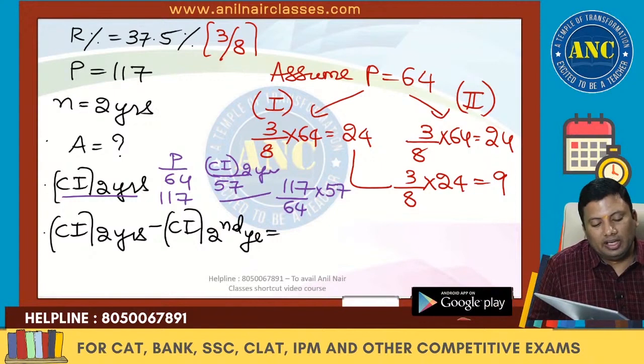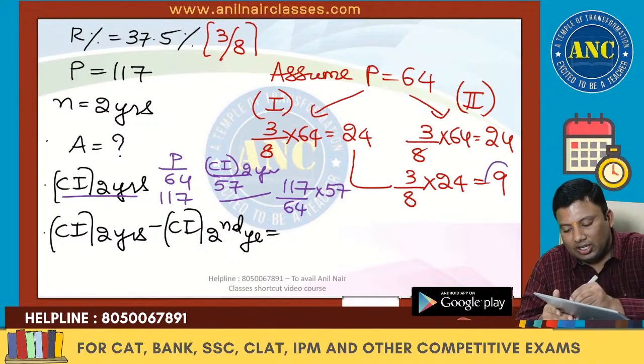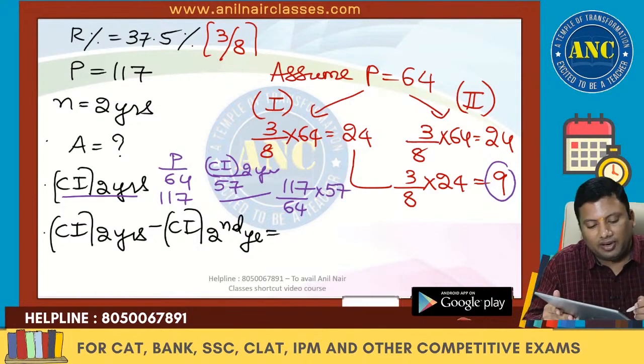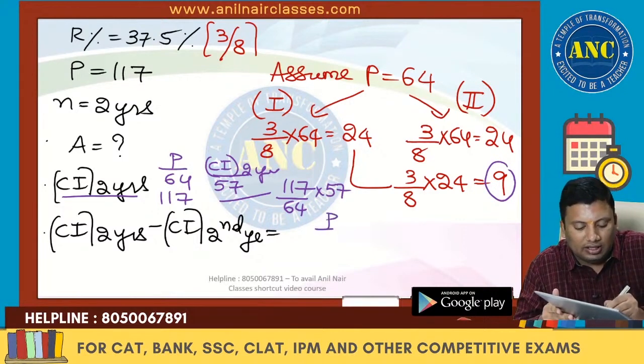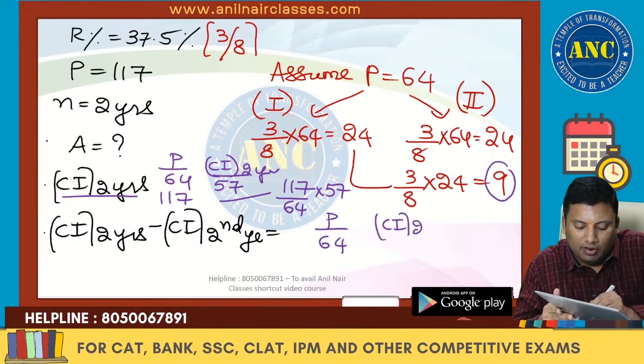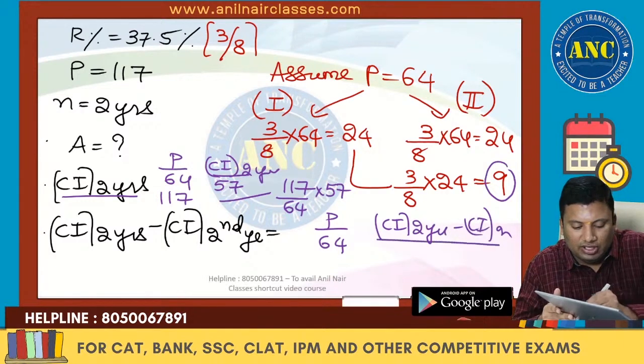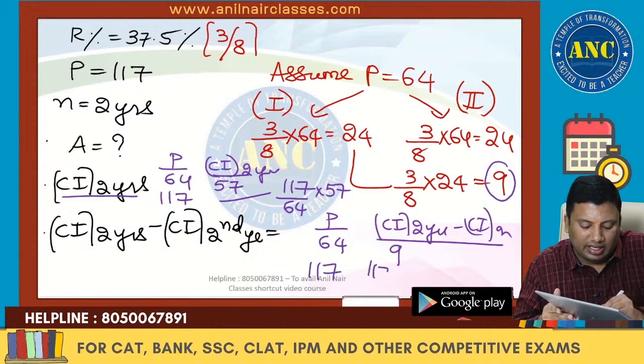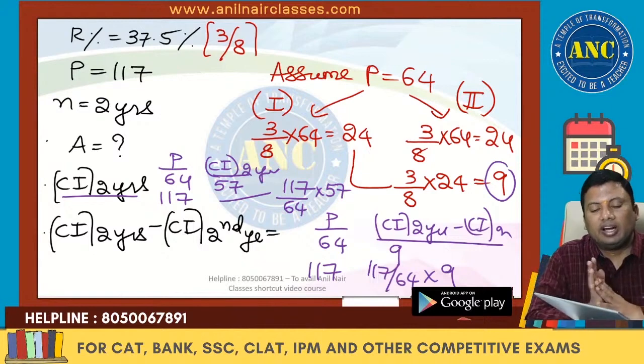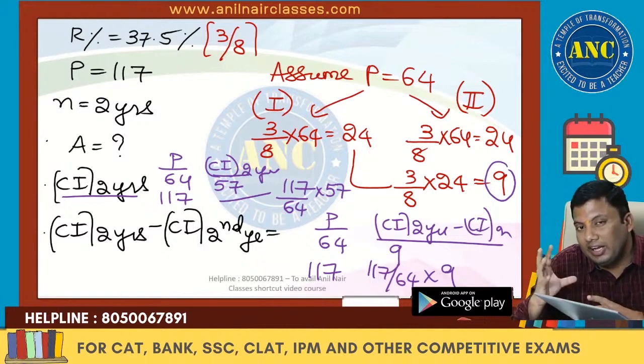CI for 2 years minus CI for second year is 57 minus 48, which is 9, when the principal is 64. But according to the question it is 117. So 117 by 64 into 9. We will get the answer. I hope the idea is clear.